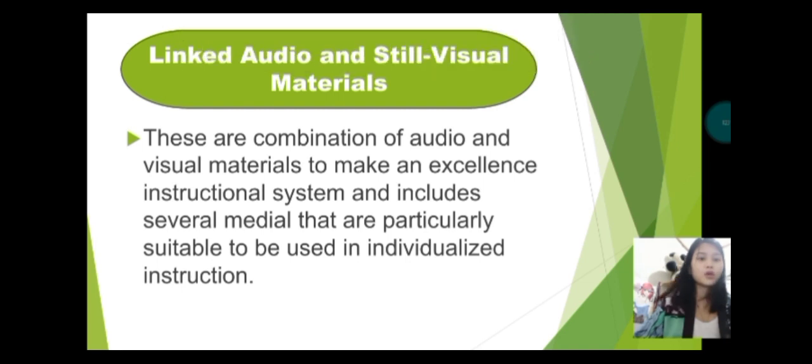This is a combination of audio and visual materials to make an excellent instructional system and includes several media that are particularly suitable for individualized instruction. So examples are tape-text, film strip with sound. This type of instructional material combines audio and still visual materials: you see and you listen.